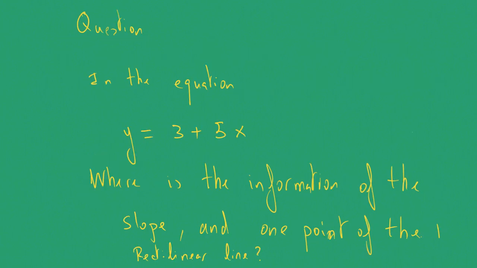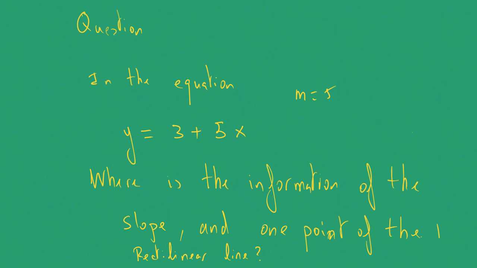Now there are 2 additional questions. Imagine that I give you this equation. I might ask you, what is the slope here? The m. The m is always what is next to the x, multiplied by the x. The slope in this case is m equals 5.